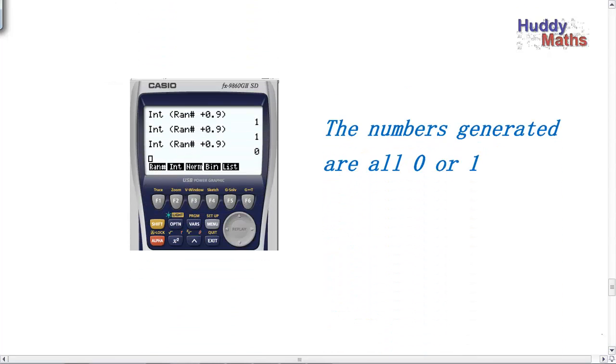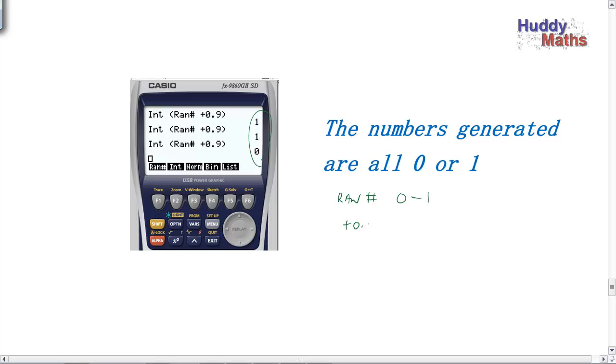There's the command, and I'm getting 110. I only did it a few times. You did it 20 times, and was it true that they both came up with equal frequency? The numbers generated are all noughts or ones. Let's work it out. The random number generates numbers between 0 and 1, but not including 1.